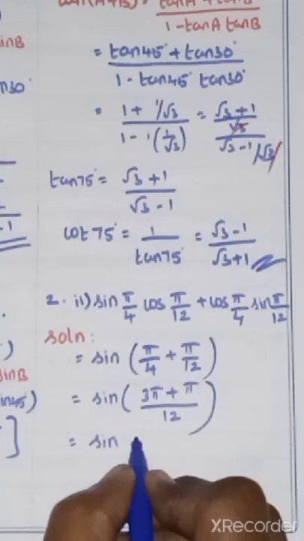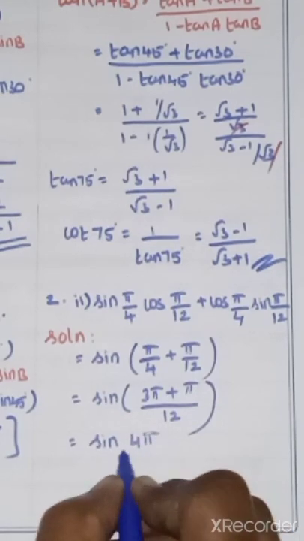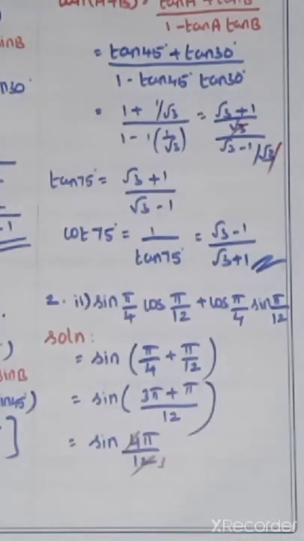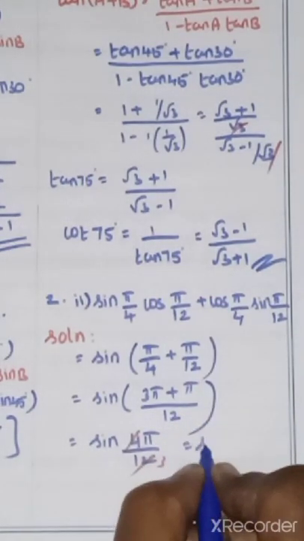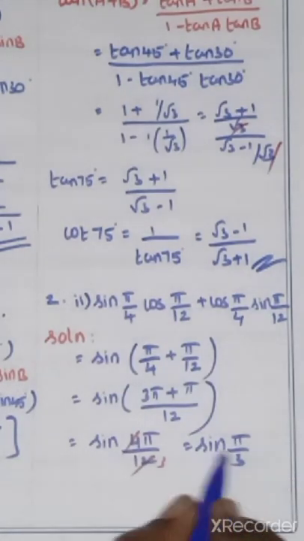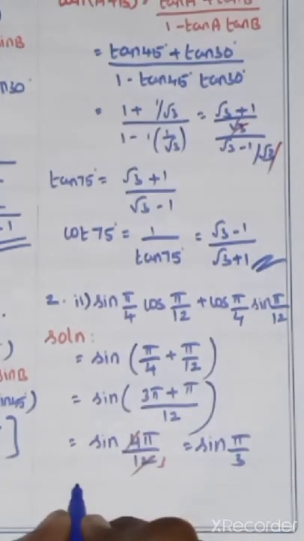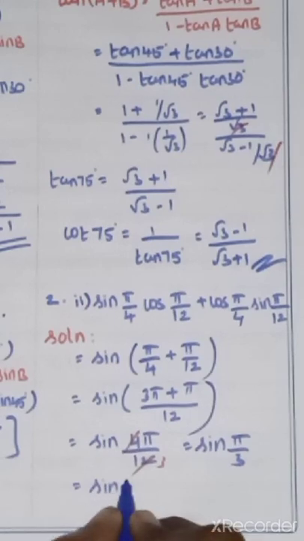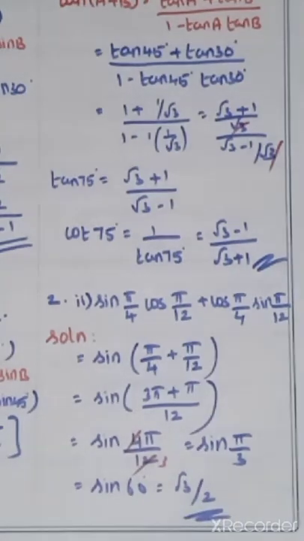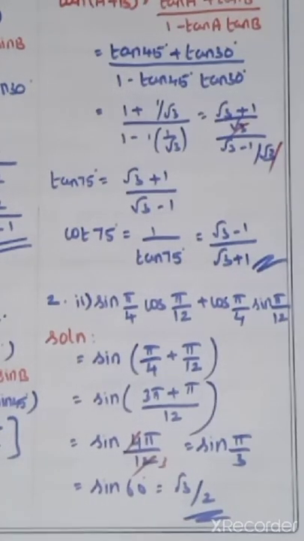Sin 4 pi by 12, and this 4 and 12 will get cancelled, so 3, that is equal to sin pi by 3. Sin pi by 3 means 60. So sin 60 degree. What is the sin 60 degree value? Root 3 by 2. Root 3 by 2 is your final answer.